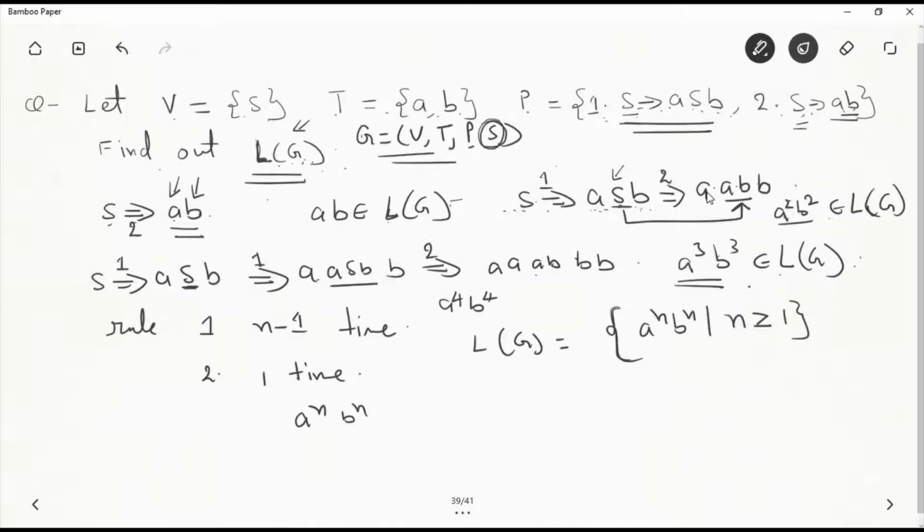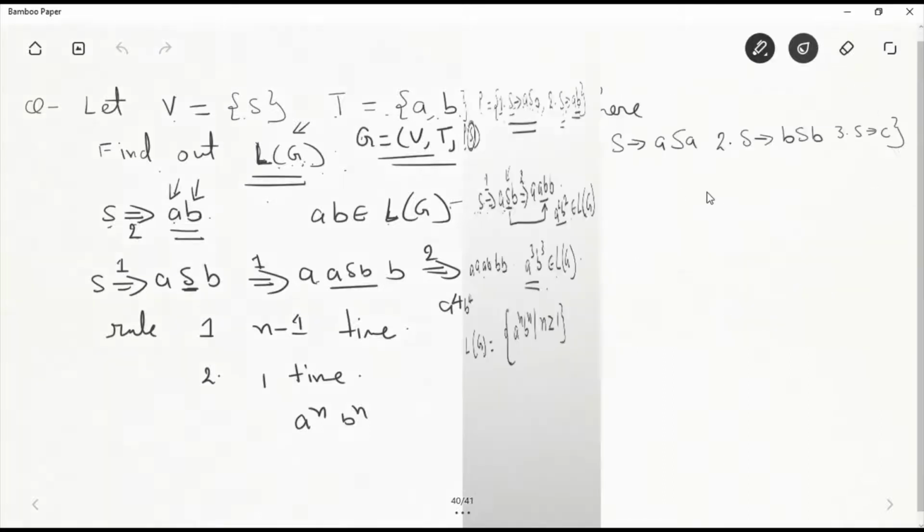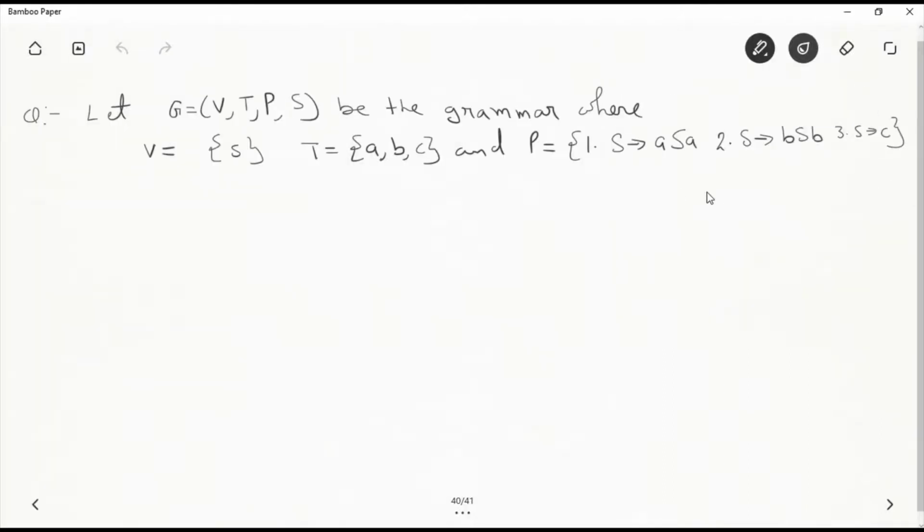Yes, sir. So just try for this. You are provided with a grammar G is equal to V, T, P, S, where V is equal to S, T is equal to A, B, C, and 3 production rules are given to you. You have to find out the language generated by this grammar.